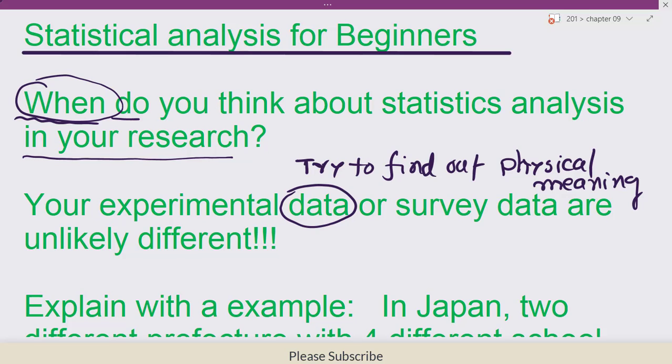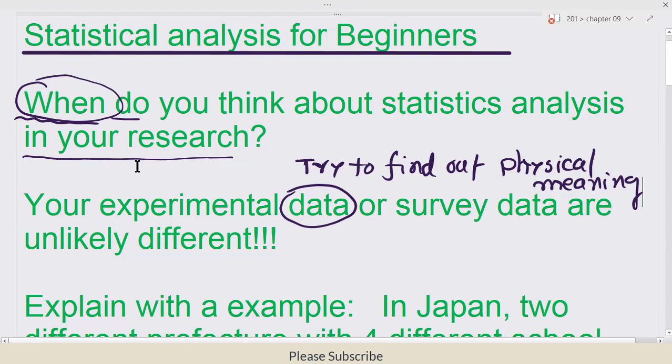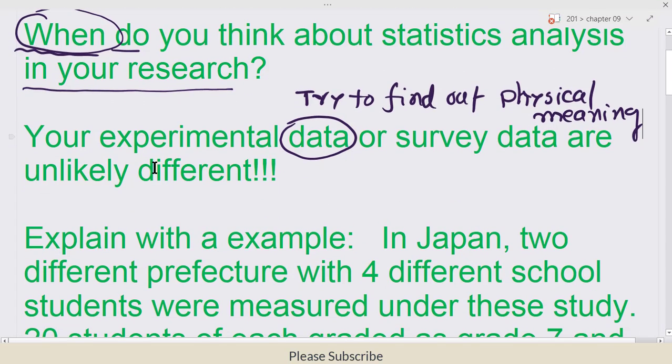So let's see with 3 examples. What is the independent variable? How do we know about the variable?